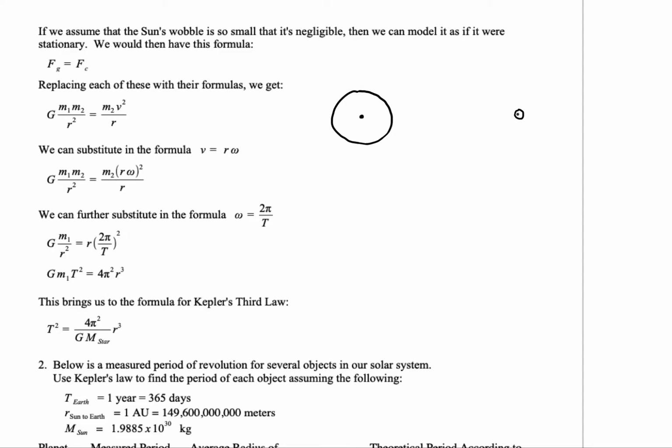And the idea being that the sun pulls on Earth with a force, which could be called Fg. But Earth pulls back on the sun just as hard. But people sometimes don't want to believe that. It's not intuitive that that would be the case.